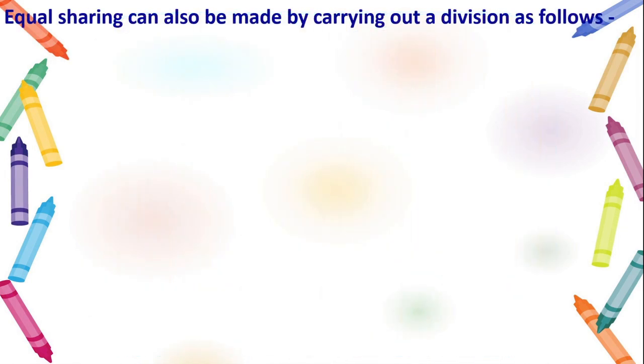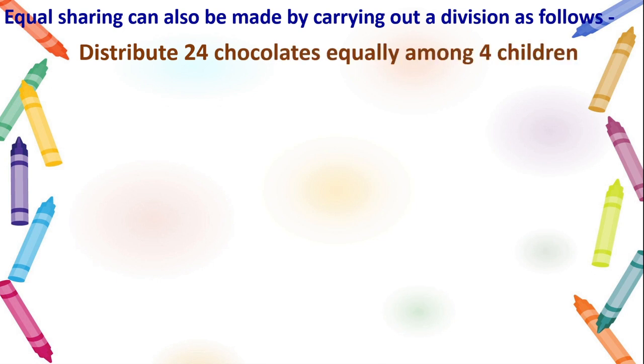Here, equal sharing can also be made by carrying out a division as follows. Dear children, we are going to learn the division method. Okay? See this, the sum is: distribute 24 chocolates equally among 4 children. We know that division means distributing things equally. Right?